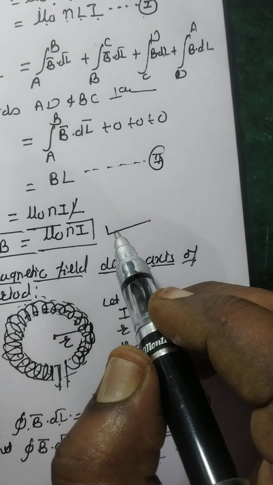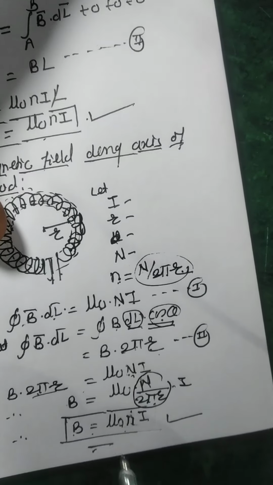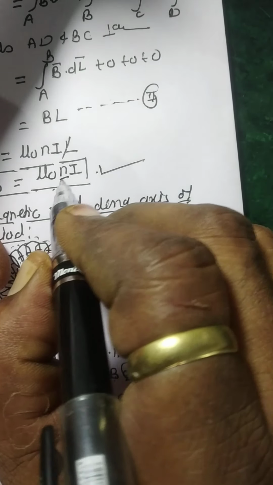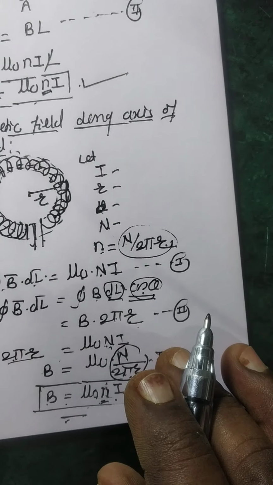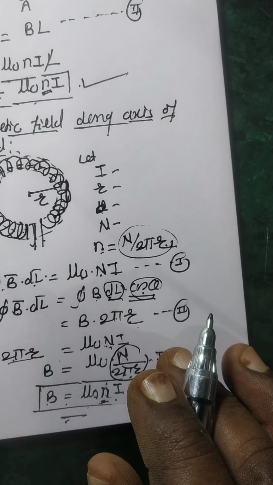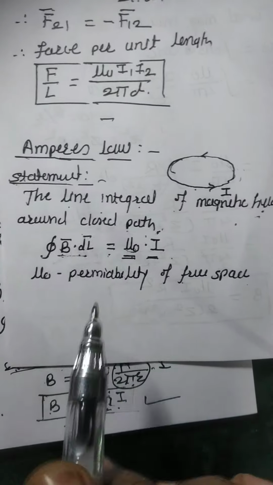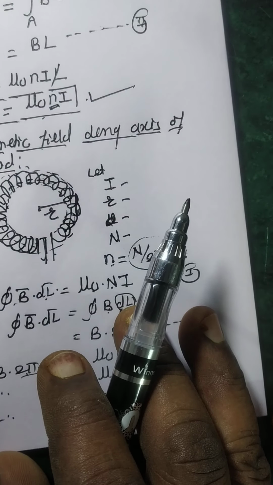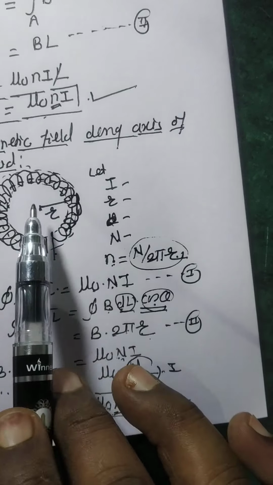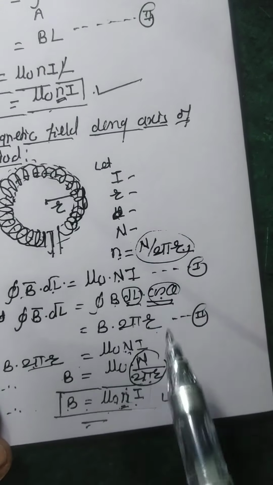Magnetic field along solenoid mu naught n I, magnetic field along axis of toroid mu naught n I. हिथं पण नंबर ऑफ टर्न्स पर युनिट लेंथ, I करंट. दिस इज अबाउट एम्पियर्स लॉ. काय काय पाहिलं आपण? एम्पियर्स लॉ, त्याचा प्रूफ, त्यानंतर मॅग्नेटिक फील्ड ऑफ अ सोलेनॉइड अलॉंग इट्स ऍक्सिस, मॅग्नेटिक फील्ड अलॉंग ऍक्सिस ऑफ टोरॉइड.